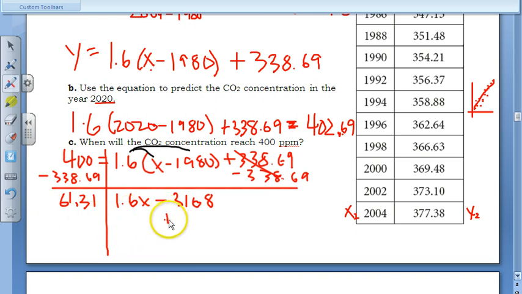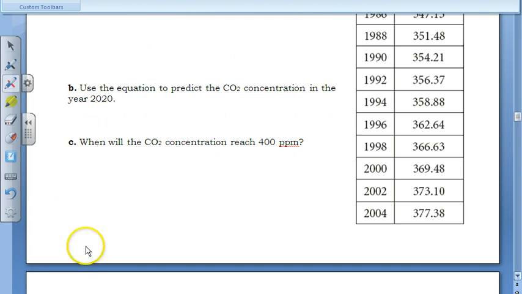So if I add 3168 to both sides, I get a really big number.